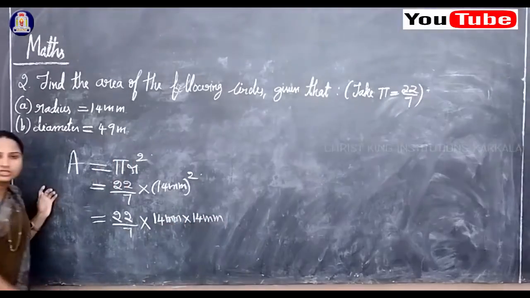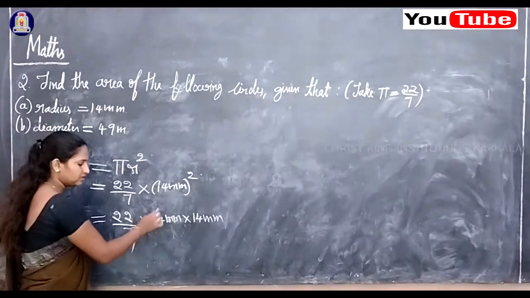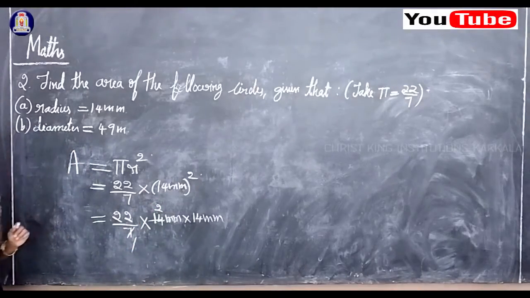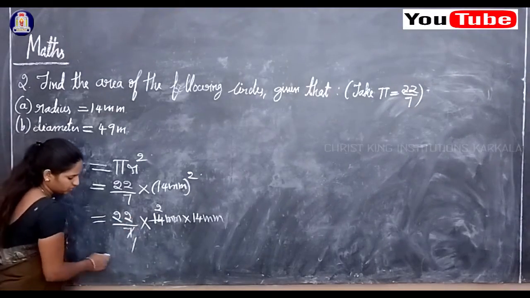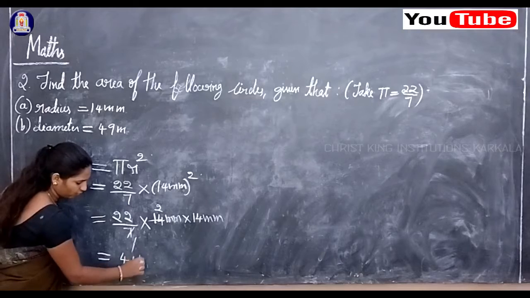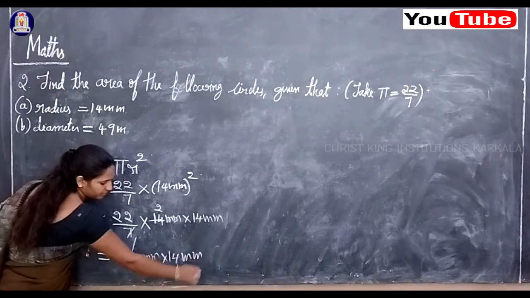Correct? So here 7 table divides 14. 7 ones are 7, 7 twos are 14. Okay, now multiply 22 into 2, 44 millimeter into 14 millimeter.